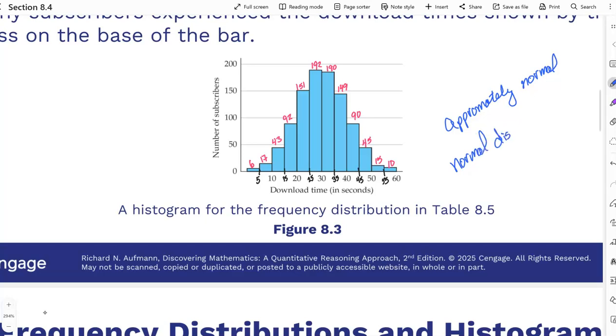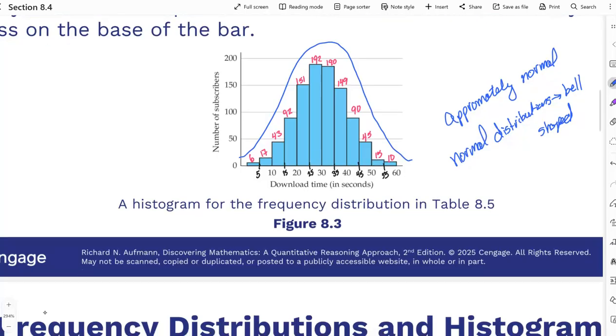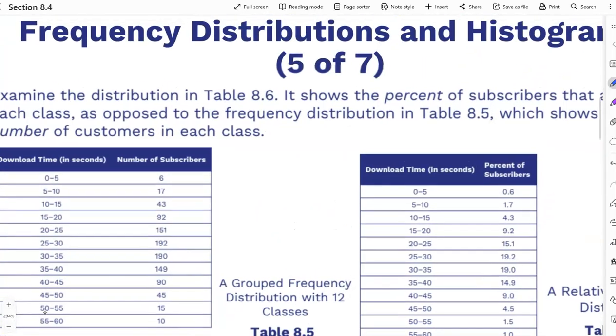Normal distributions are going to have that nice bell shape. It would be symmetric about that, if I draw that bell over it, symmetric about that middle, which is where the mean would live for that distribution.